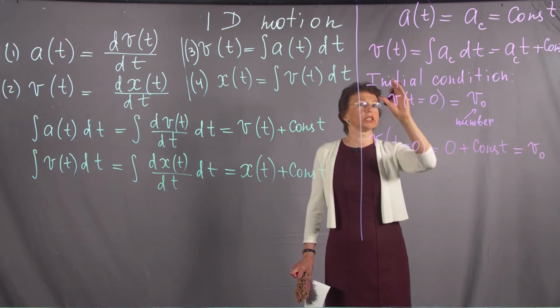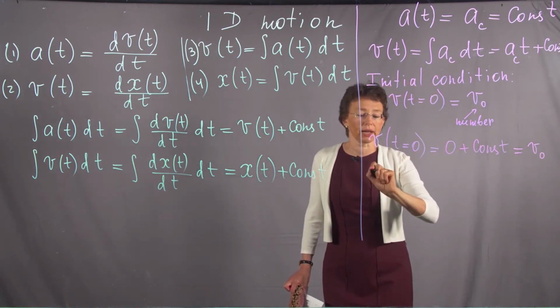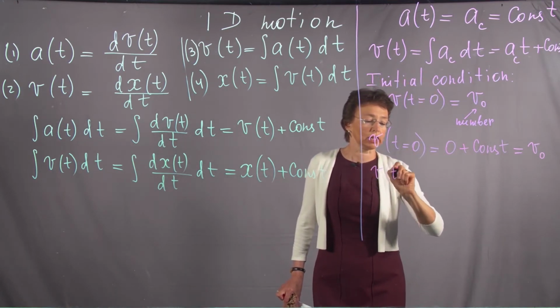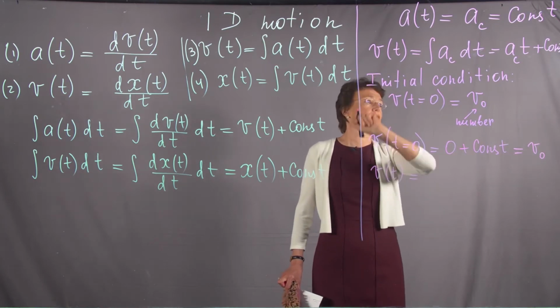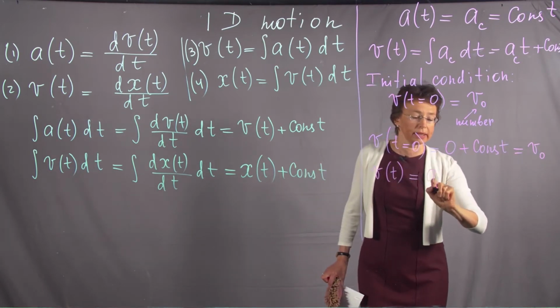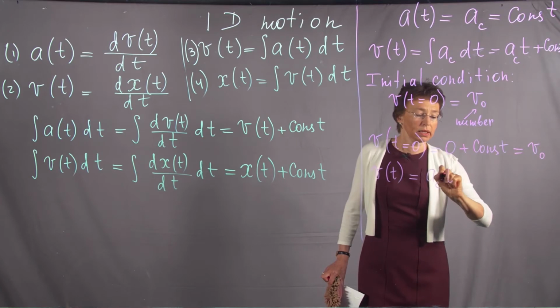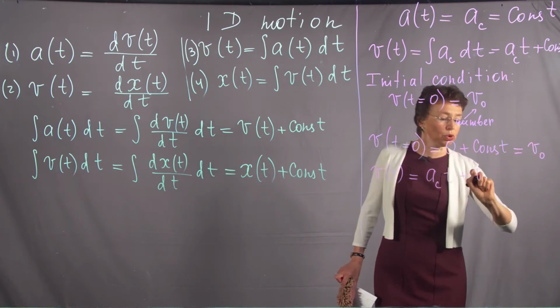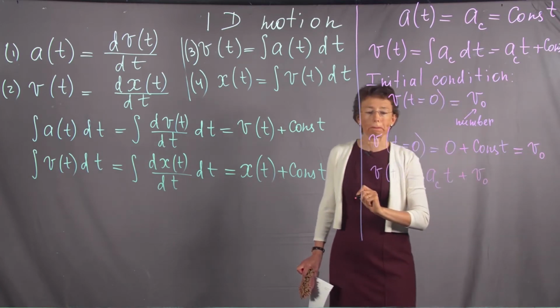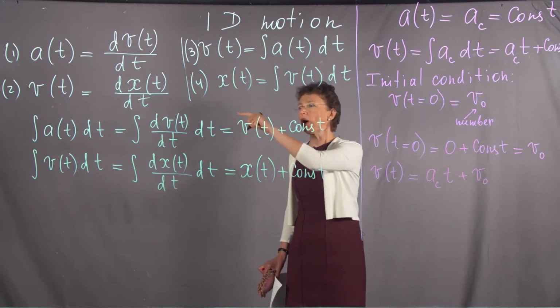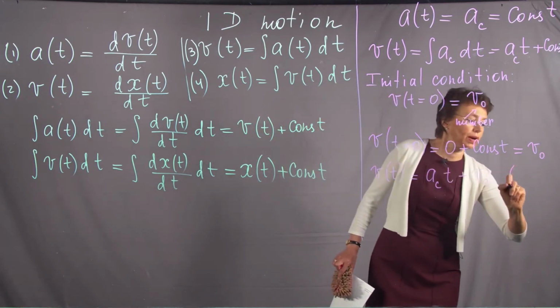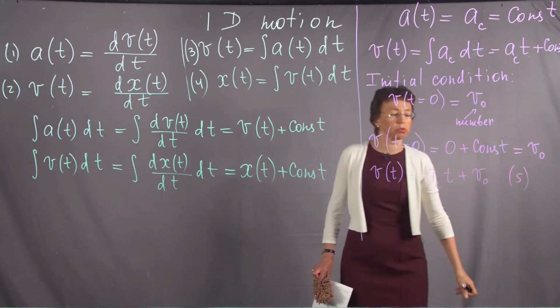I'm ready to write velocity as a function of time for constant acceleration. Velocity as a function of time is a c t plus v naught. Constant is v naught. Okay, 1, 2, 3, 4. Let's call it 5. We are making progress.